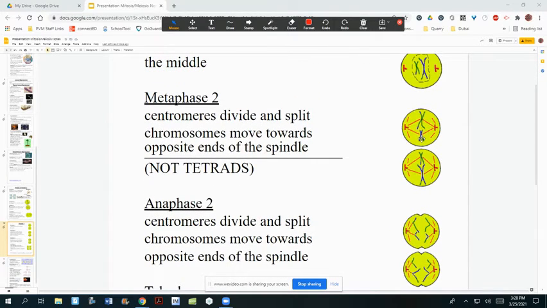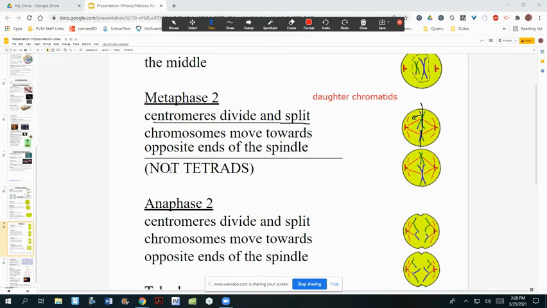They're going to line up single file again, and they're going to separate towards the poles again. The centromeres divide and split. The chromosome halves, the daughter chromatids, remember that, are going to move towards the poles.